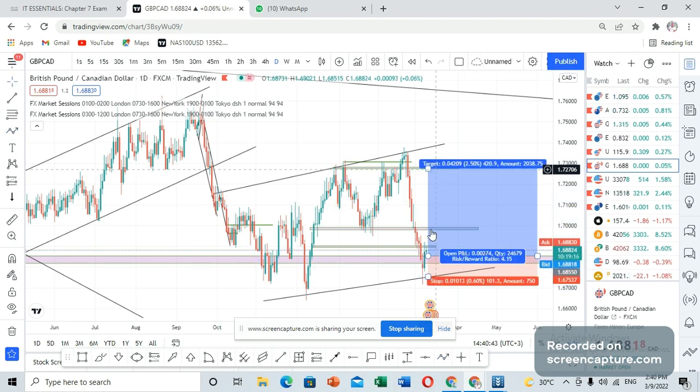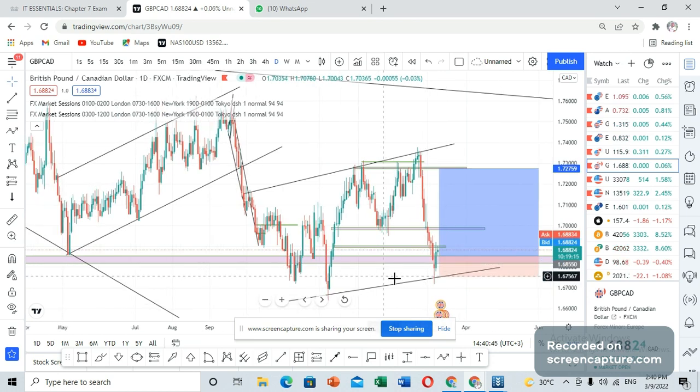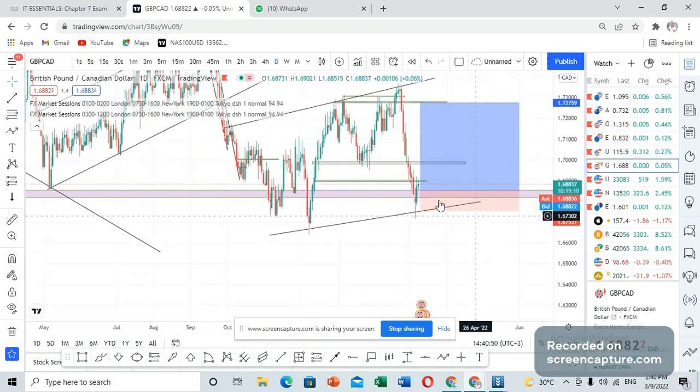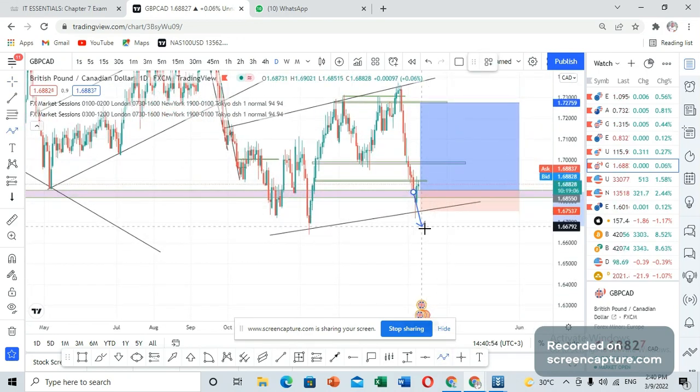But if that does not happen, then I'm sure that if the market will be able to break below, if the market is going to come from these particular levels here and break below this particular trend, so you can see that they are following. You can see that we have got the upper trend line that is here, and also this lower trend line that is here.